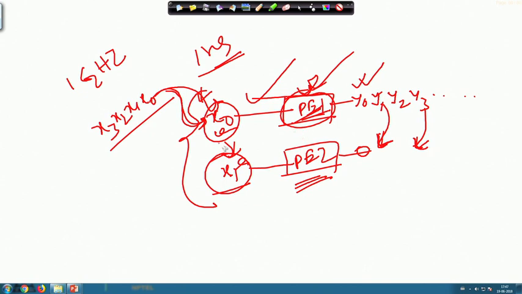So the sampling speed I need will be 0.5 nanosecond, so that within 1 nanosecond it produces x0 and x1 both, and then it will produce y0 and y1 after 1 nanosecond.